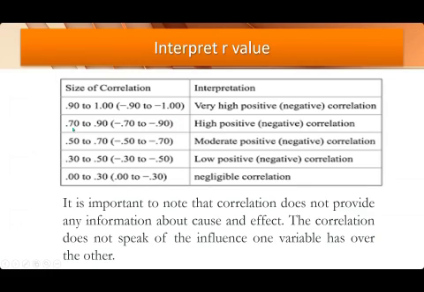It means it is between 0.70 and 0.90. It means high positive correlation. Imagine that in case we are getting minus 0.78, it means it is between minus 0.70 and minus 0.90. It means high negative correlation. So it depends on the plus and minus symbol. One can decide whether it is a positive correlation or a negative correlation.